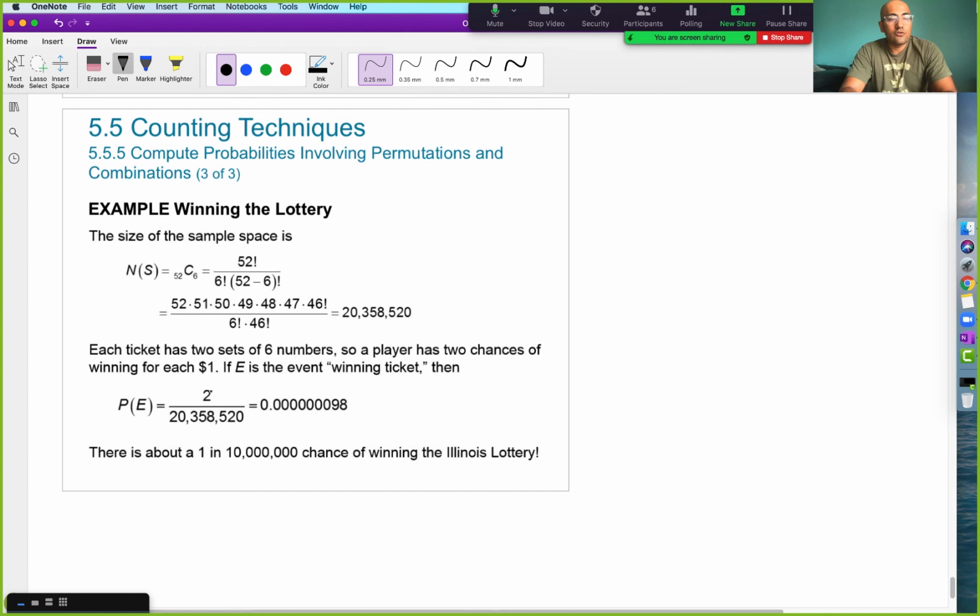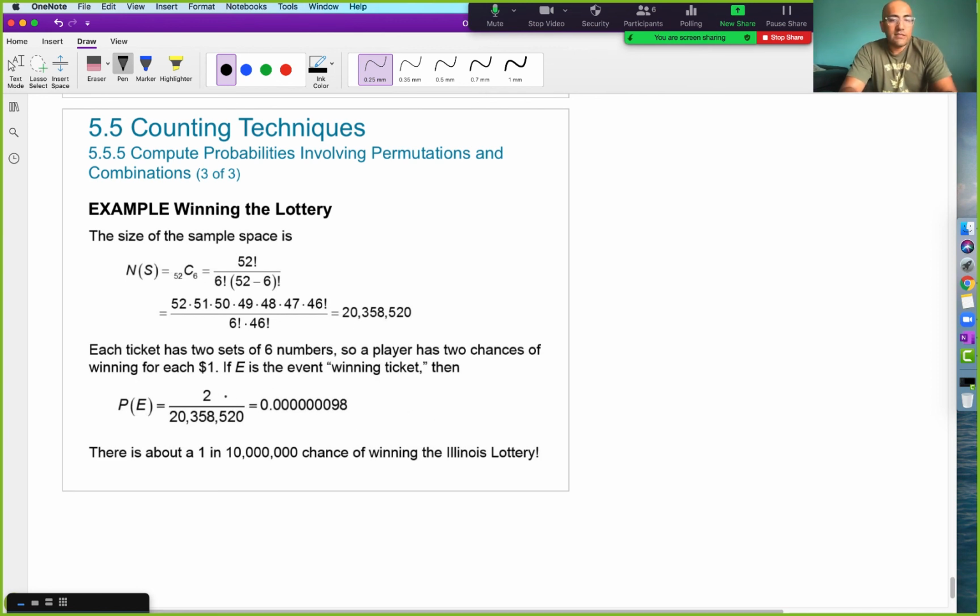There are 20,358,520 different ways to choose those. If we divide those, we get this tiny little decimal, and if we move the decimal over 2 spaces, we'll get a percentage, and that'll be the probability of winning. So you can see it's pretty small.